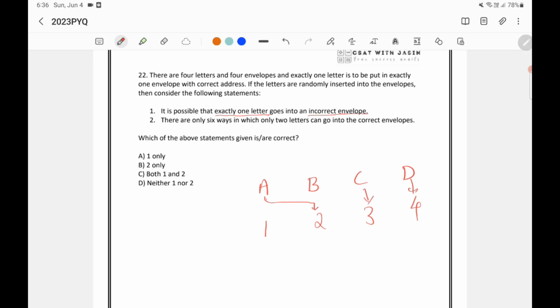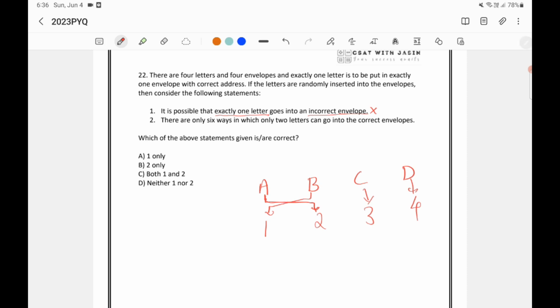Since I have put A in the incorrect envelope, B also has to go into the incorrect envelope, right? There is no other option. That means we cannot actually make exactly 1 incorrect. If one of the letters is incorrect, 1 more letter will become incorrect, right? So this is wrong, because it is not possible that exactly one letter goes into a wrong envelope. If 1 goes into a wrong envelope, 1 more will go into the wrong envelope.